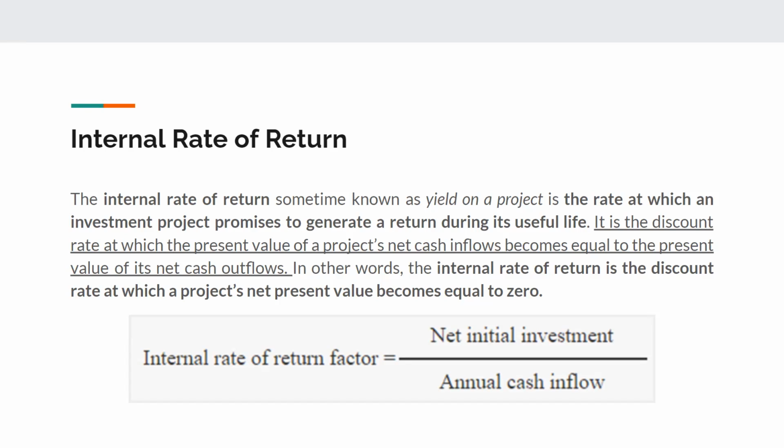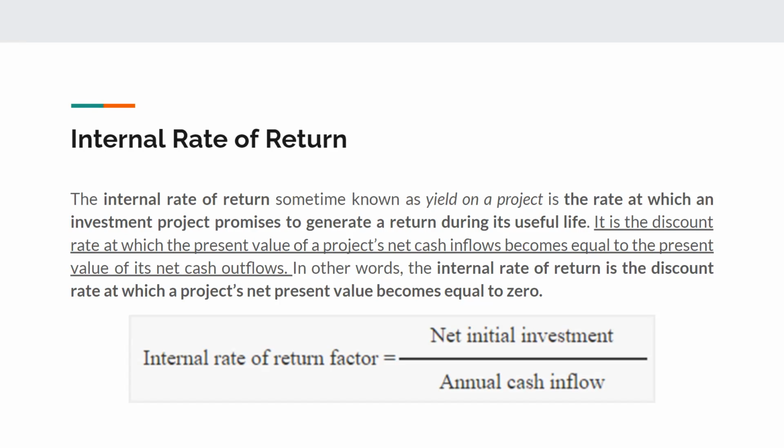You want to know what is the discount rate at which the NPV is going to be equal to 0. That's basically how the internal rate of return is calculated. That's the most important takeaway in terms of defining the internal rate of return, right? You're really trying to find a discount rate at which the project net present value becomes 0.